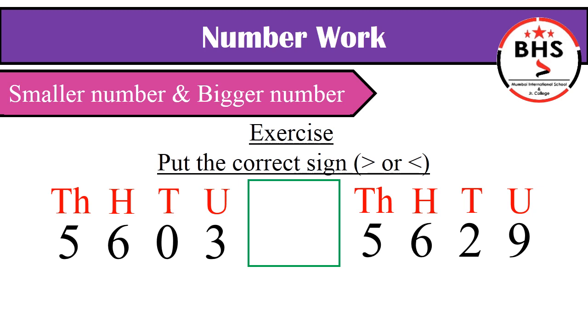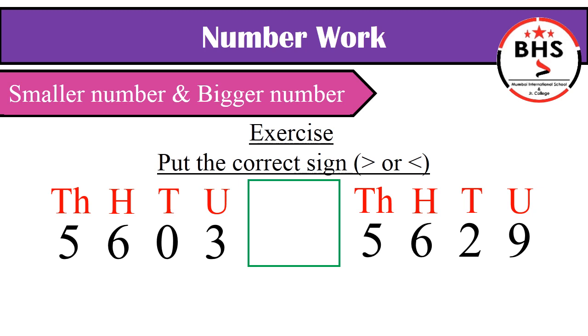In both the numbers, 5 is at the thousands place. So now, we'll compare the digits which are at the hundreds place. In both the numbers, 6 is at the hundreds place. So now, we'll compare the digits which are at the tens place.